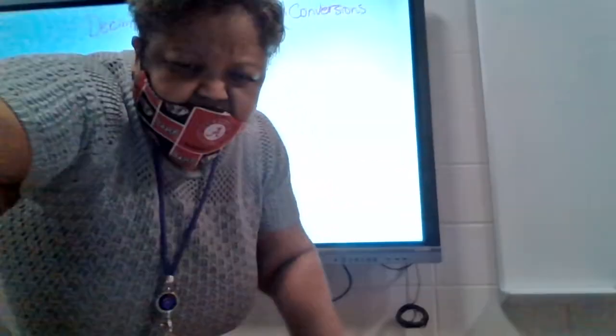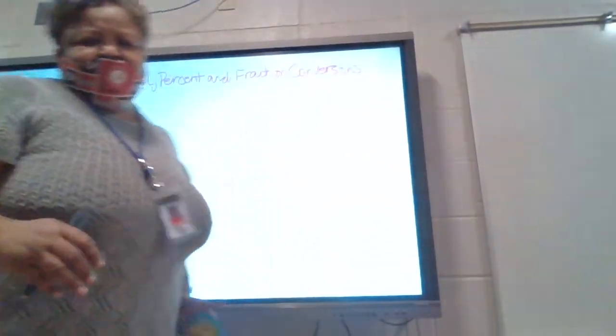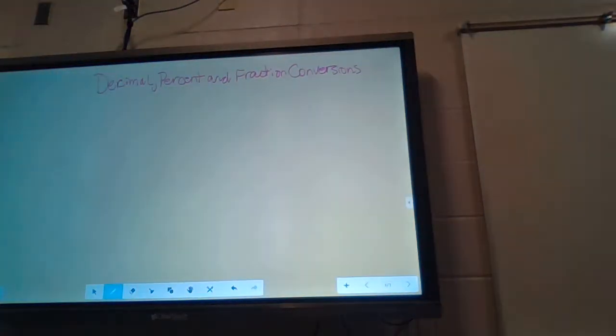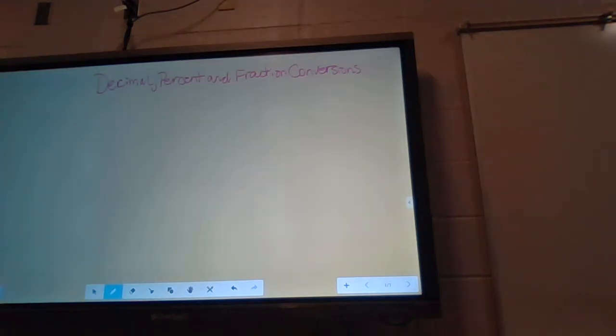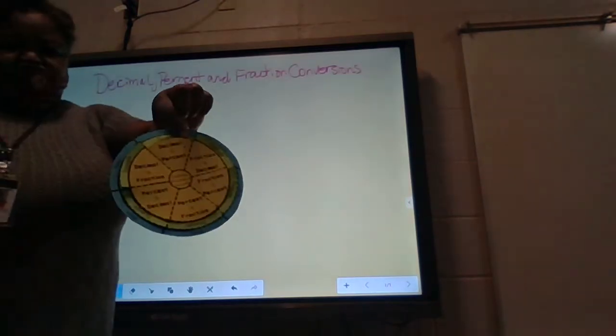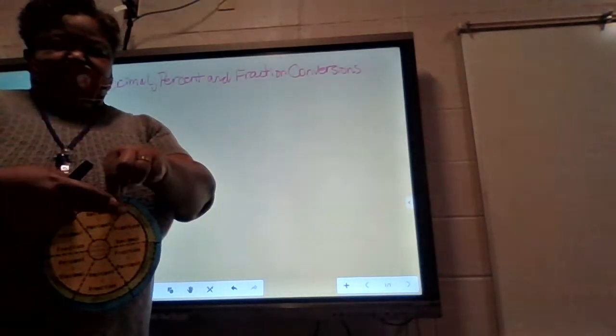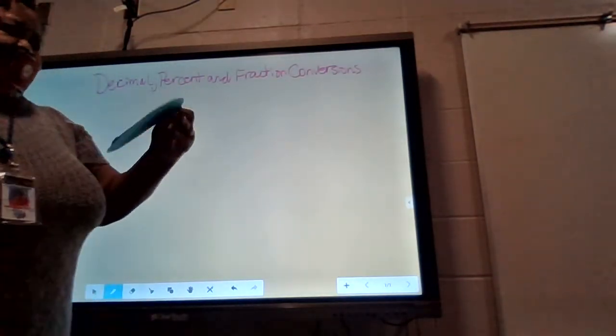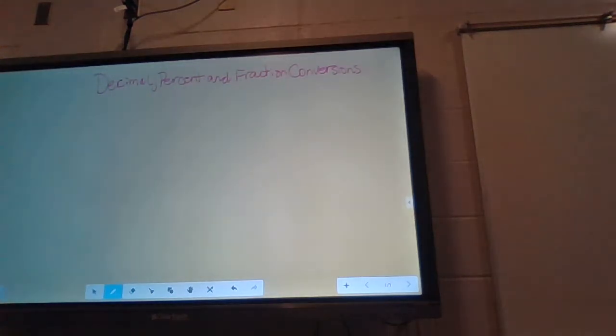So make sure it's showing. Let me get out of the way. So decimal, percent, and fraction conversions. And we have our little wheels. So we're going to start right here in the middle with decimal to percent.